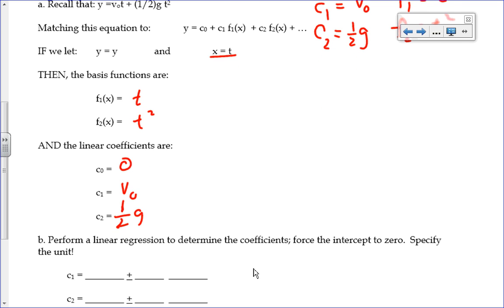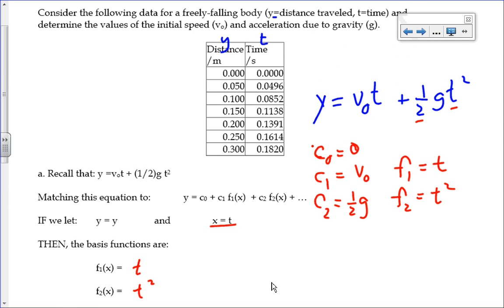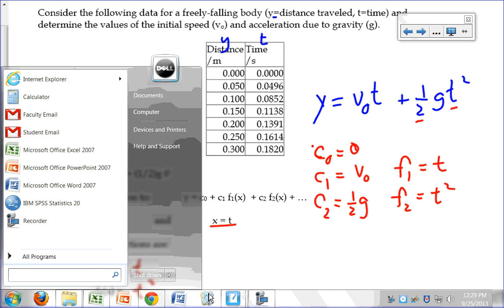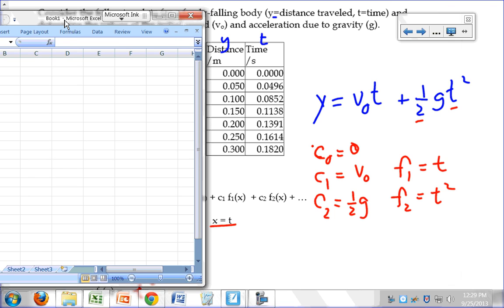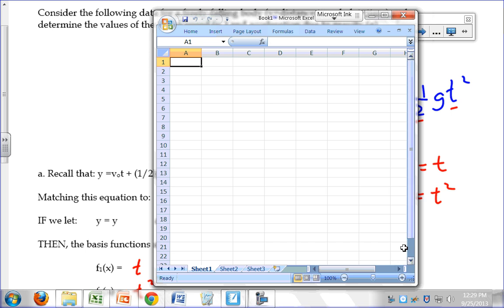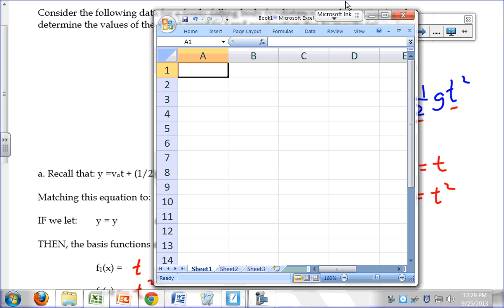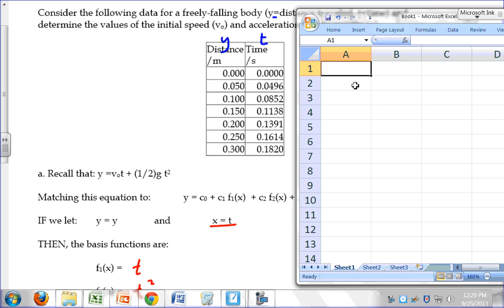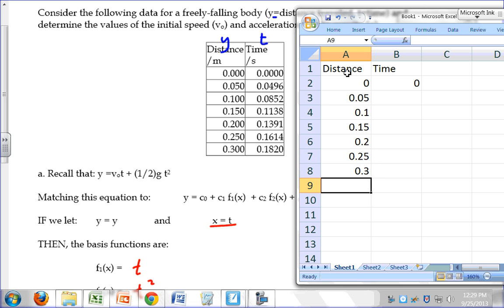Okay, so let's do the linear regression for this. What you need to do in Excel is as follows. You tabulate your x and y values first. So let's tabulate those numbers. Make this bigger. Okay, so I'm going to tabulate distance here and time. So 0, 0, 0.05, 0.1, 0.15, 0.2, 0.250, 0.3.